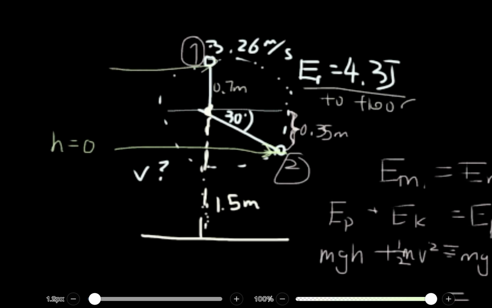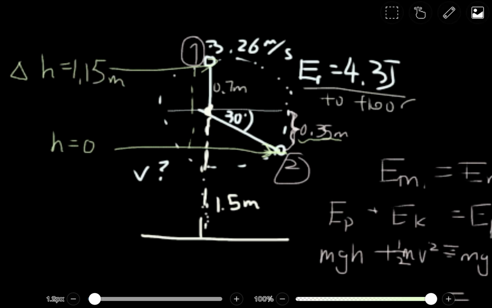And you can say that this height can be given a reference point of 0.35 plus the radius of the string, so that's how high vertically it goes, right? That's a change in height, so the change in height is 1.15 meters.